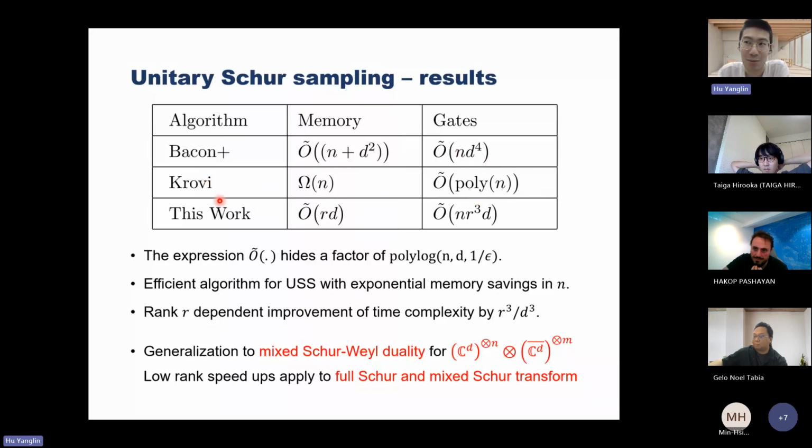But from what I learned from Elias, there is not much problem with the Crovey algorithm. Okay, thanks. So it just performs very badly when n is large, and we want to optimize this.